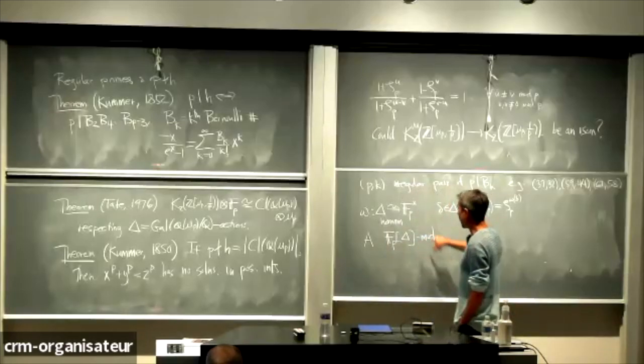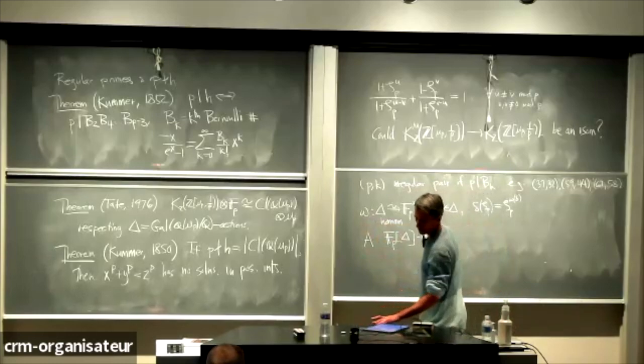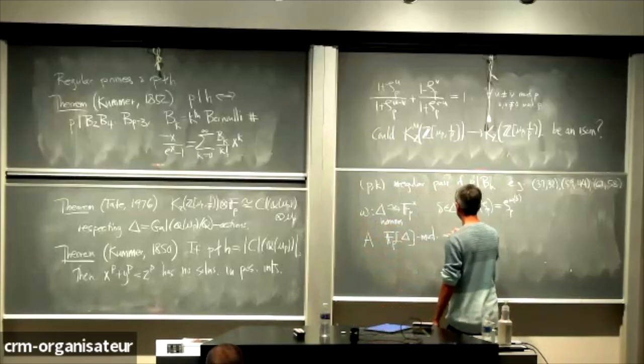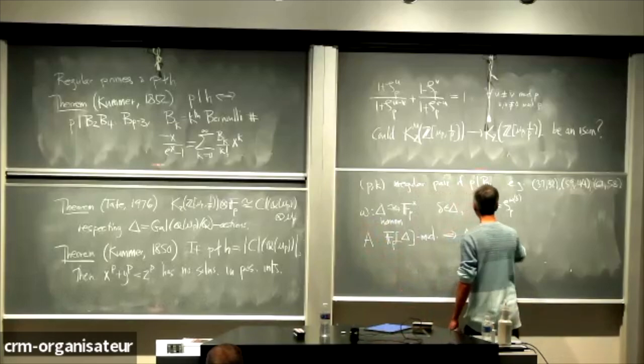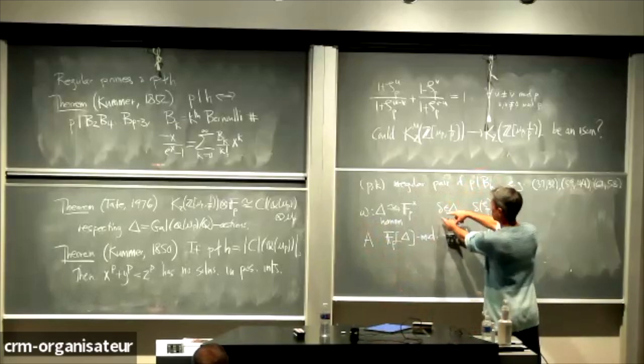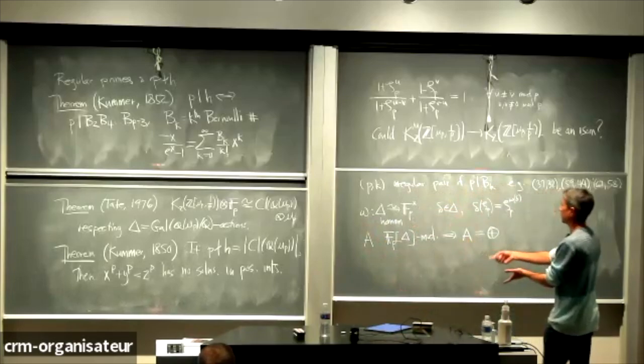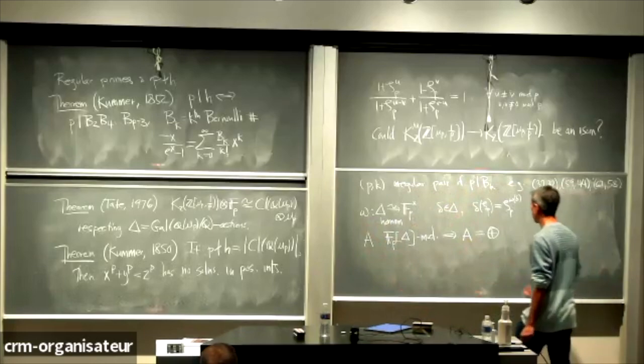So that means that Delta acts, and it's also an F_p vector space, and the actions commute. Then it breaks up as a direct sum of eigenspaces for the different characters. I mean, this is a cyclic group of order p-1, so there's a generator, and you could just look at eigenvectors for that generator.